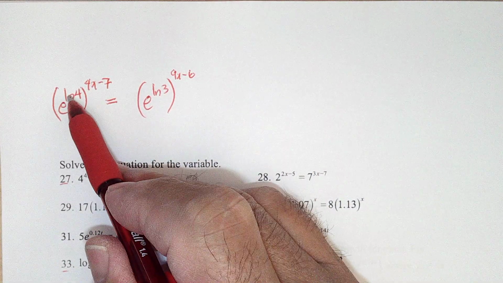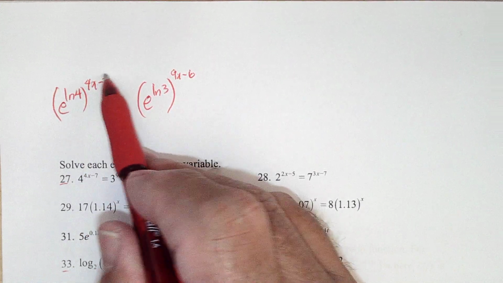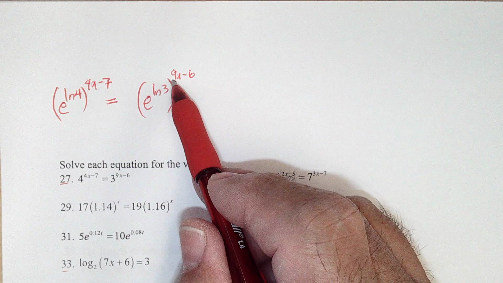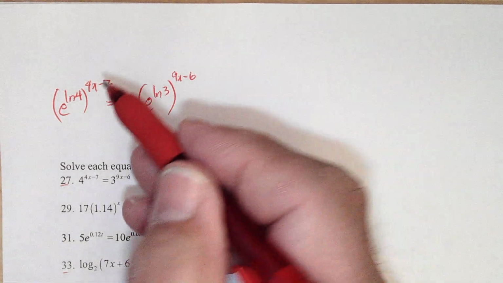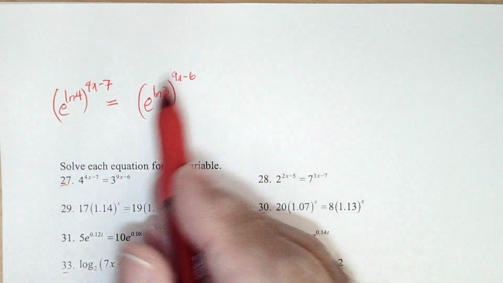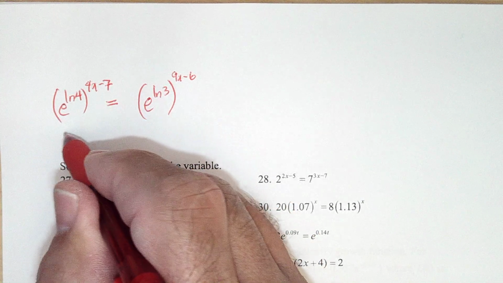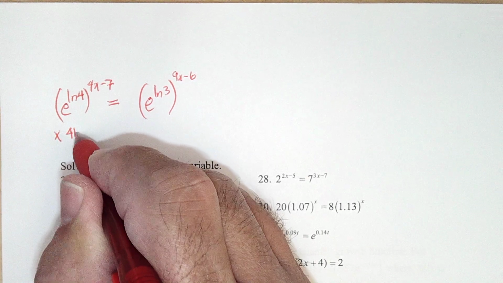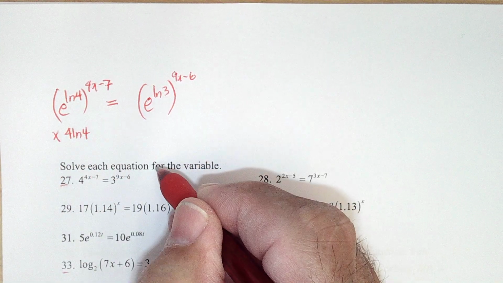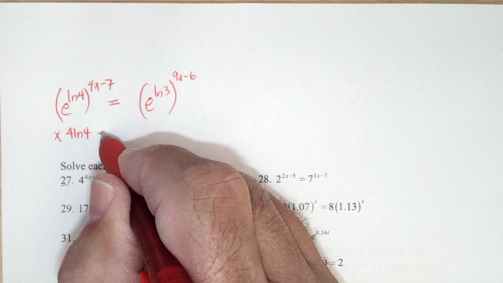So if I distribute ln 4 to this, multiply these two quantities, and multiply these two, both sides would be e to that new power, and so the powers have to be the same. So hopefully I'm not losing you by saying I'm just going to multiply this times that. So I'm going to have x that's multiplied by a 4 ln 4 and a -7 that's times an ln 4.